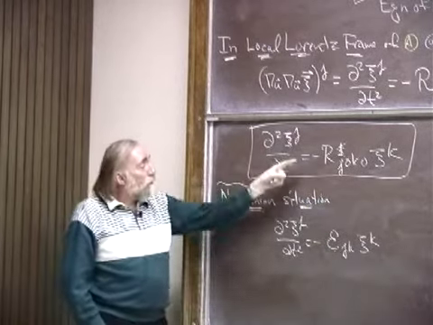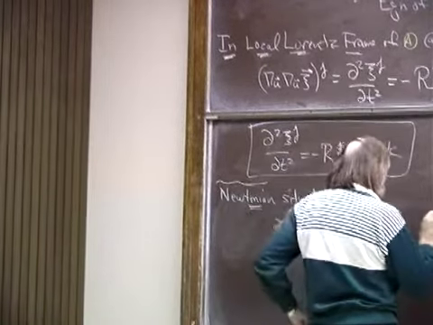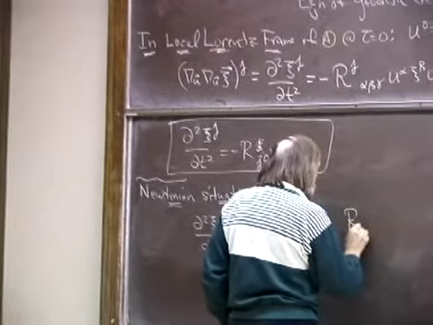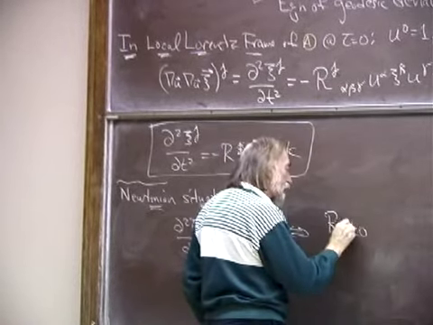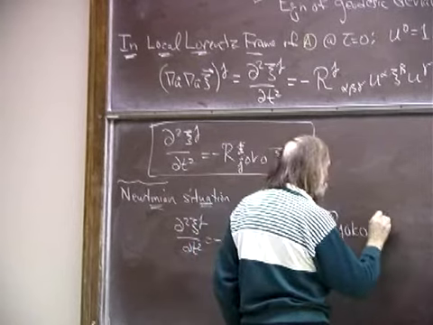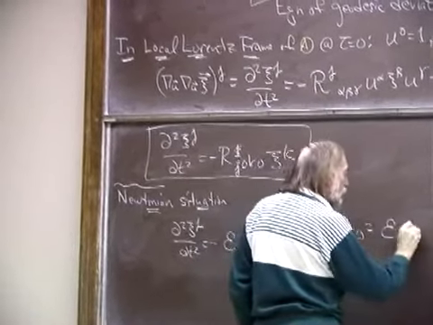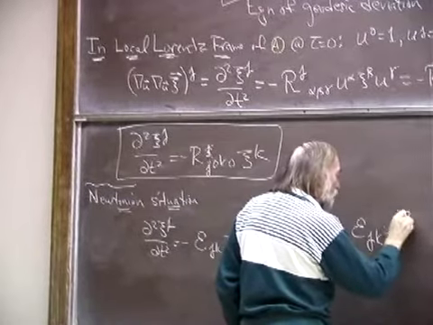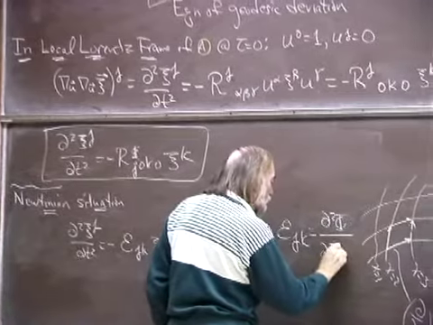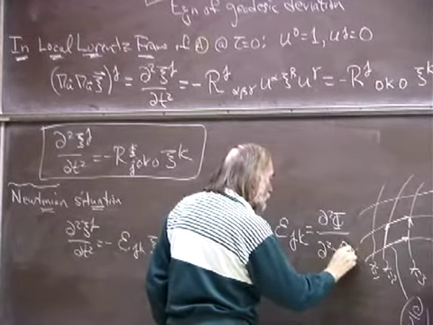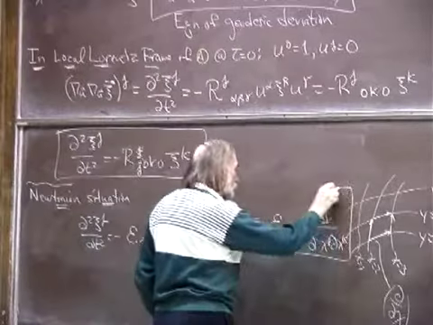Compare those two formulas, and I see immediately that in a nearly Newtonian situation, the space-time components of the Riemann tensor are just equal to the tidal tensor. And I showed, when I talked about this before, that this was just the double spatial gradient of the Newtonian gravitational potential.